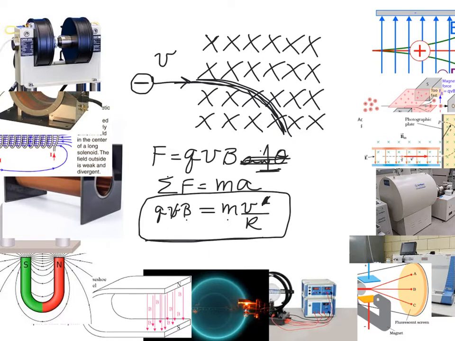This equation gets used in many different forms, right? And in the mass spectrometer, we use it to find the mass of the particle. So if we solve it for mass, what do we get? Just doing the algebra, mass equals qBr over v.